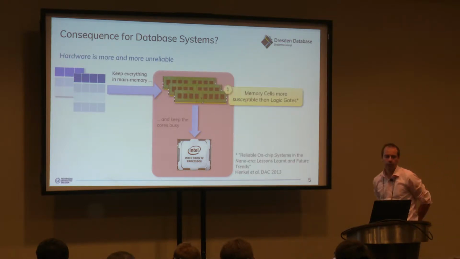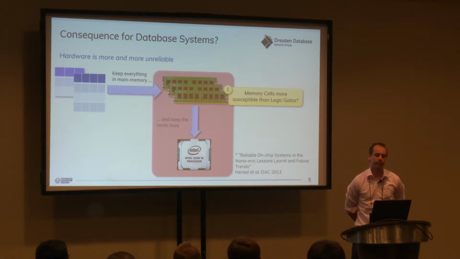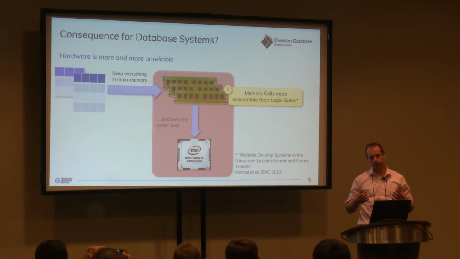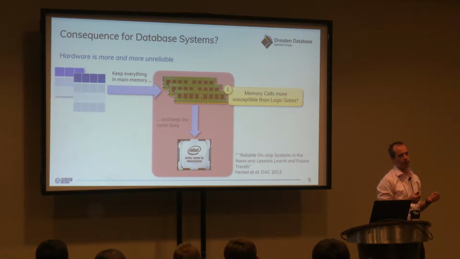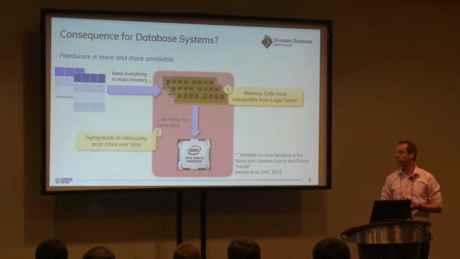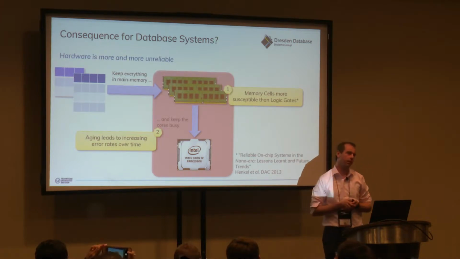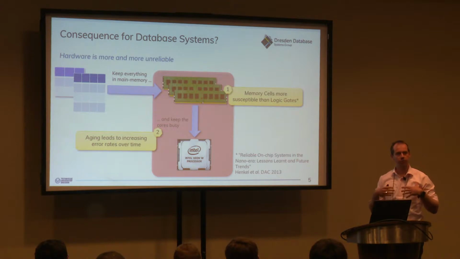So what are the consequences for database systems with respect to increasing error rates? First of all, it was shown that memory cells are much more susceptible to bit flips than logic gates. So we have to do something to protect our most precious good, right? And that's the data that we manage for our clients. On the other hand, there's a very important problem, which is hardware aging. That means that the error rates will change over time.